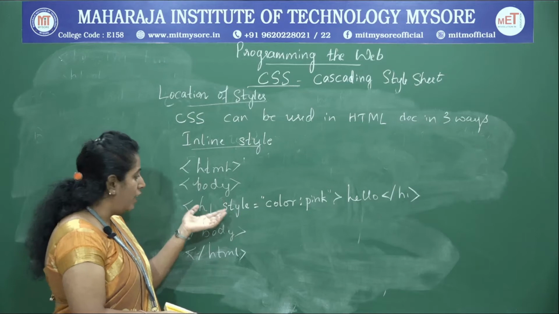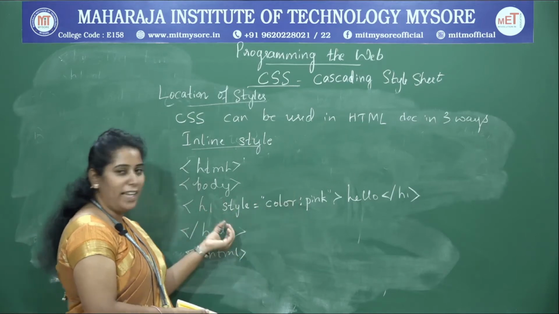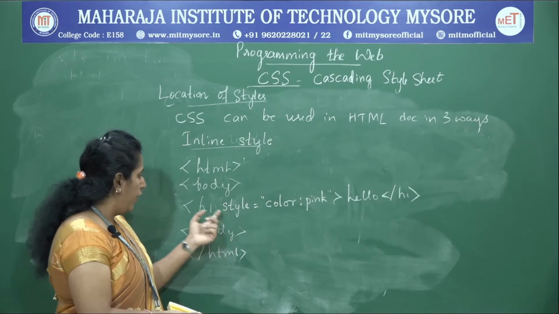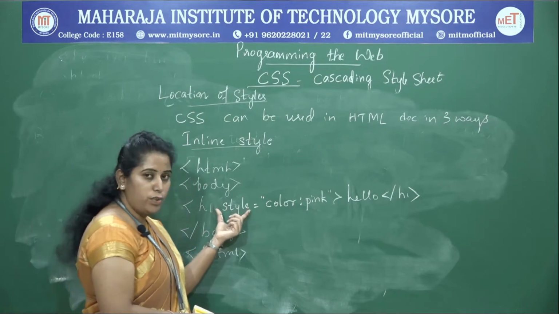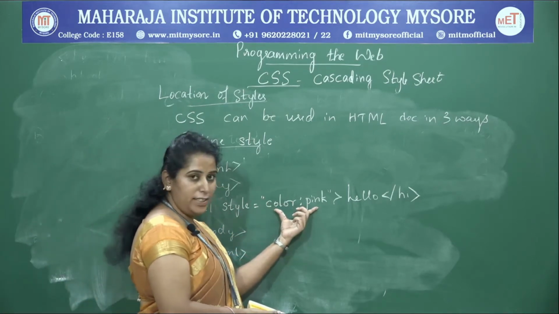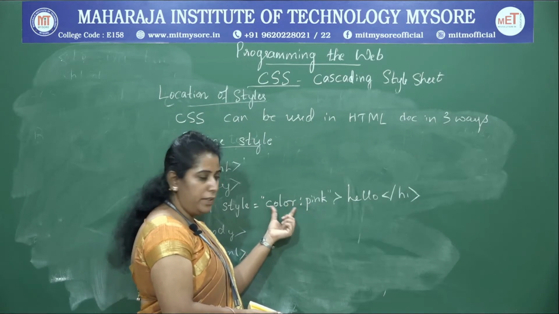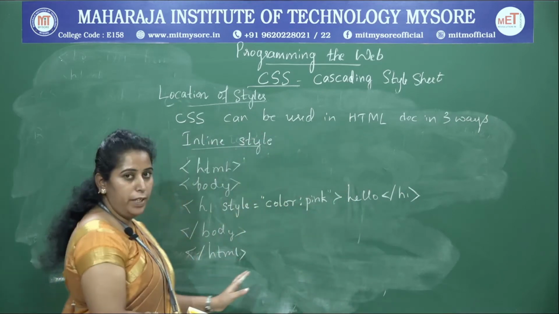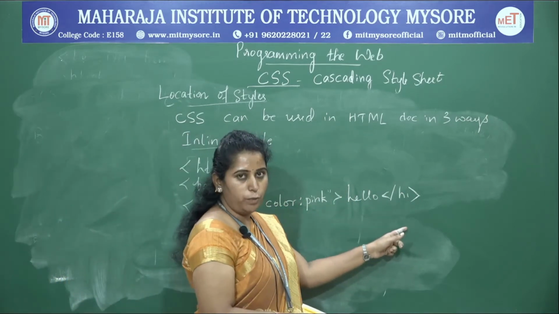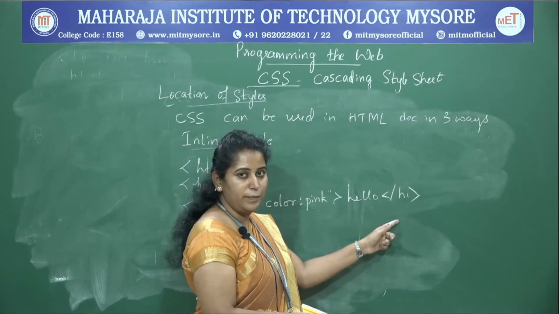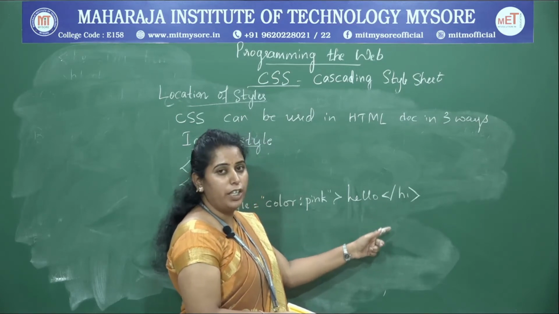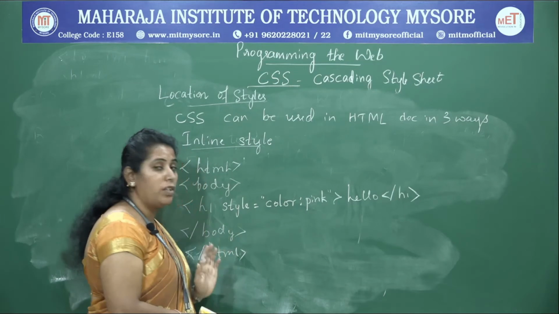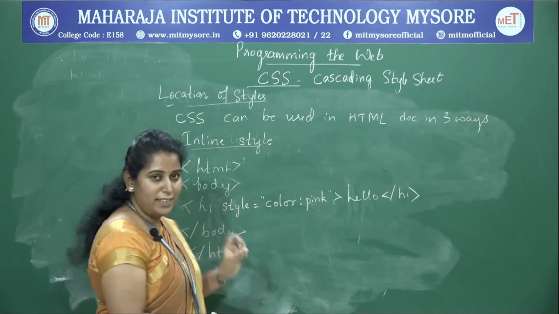Style rules are placed within the HTML tag via an attribute called style. I have used a style attribute and a property, this is the declaration, color is the property, pink is the value, the message is hello. Finally, I am going to execute this program. You can look into the output. Hello message is printed in which color? Pink, since you have changed the property. Is it right? So this is what inline CSS means.